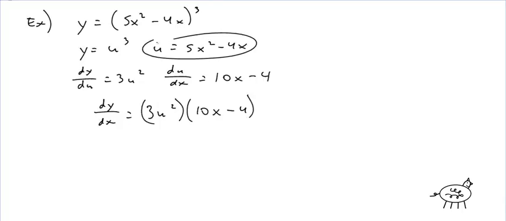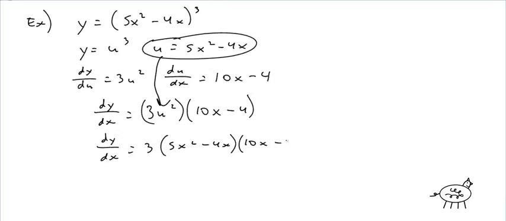Then my last step is to plug that into there. So we wind up getting dy dx is equal to 3 times 5x squared minus 4x times 10x minus 4. Okay? And this guy is squared here.